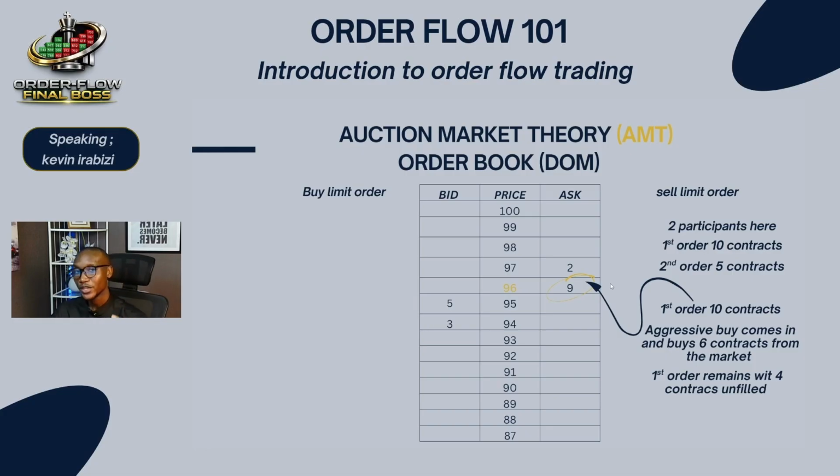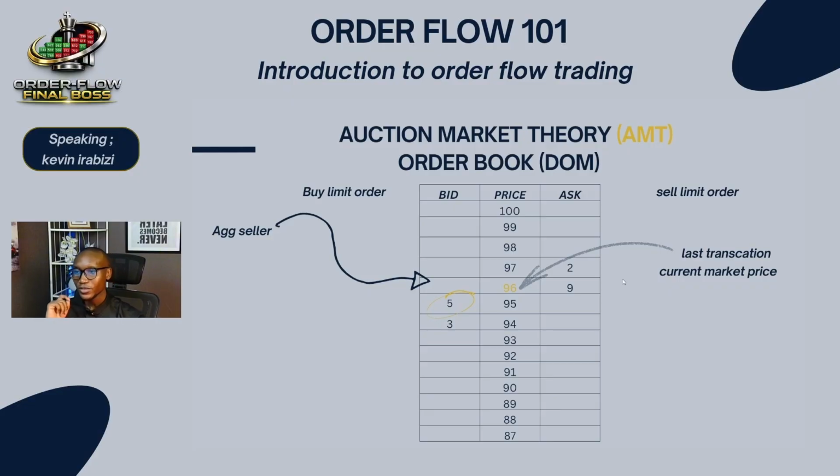Don't get confused. Note down, and if you don't understand anything, rewatch the video. Let's continue. So the 6 contracts from the aggressive buyer ate up the 6 contracts from the sell limit order, and we remained with 9 contracts from the sell limit order.